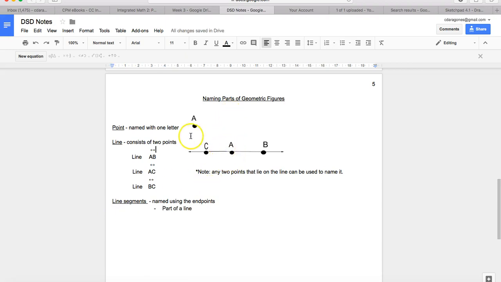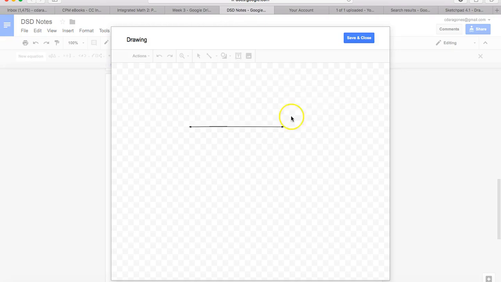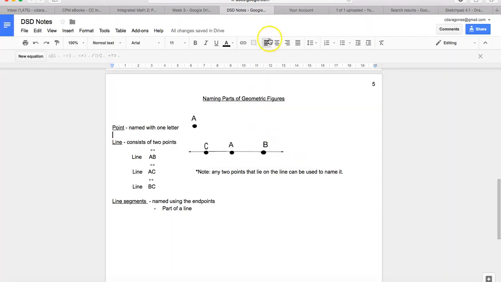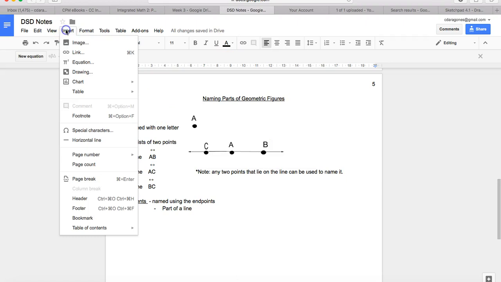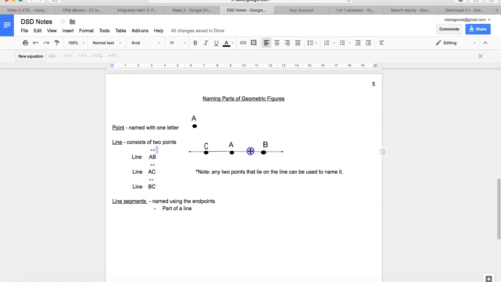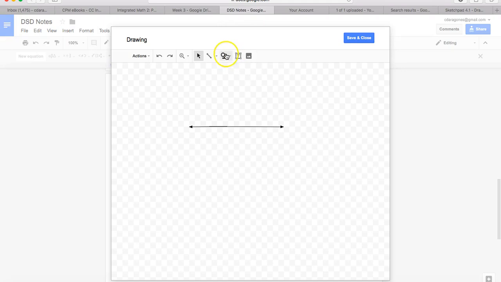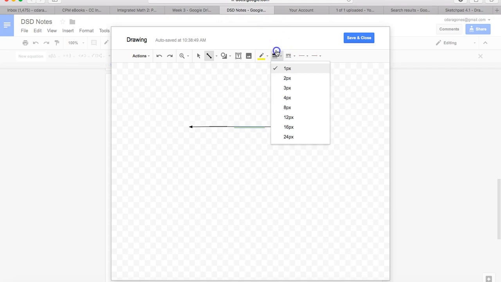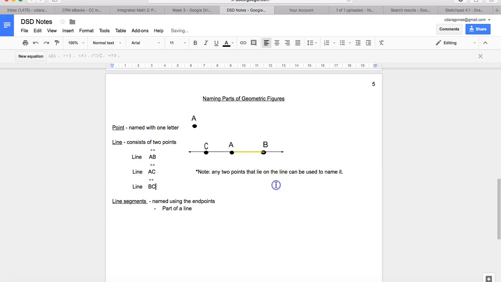So for example, if I were to take this whole diagram and highlight a portion of my line here, and I'm going to make this a little yellow and a little heavier, you can see this portion from A to B is just part of the line. That's line segment AB.